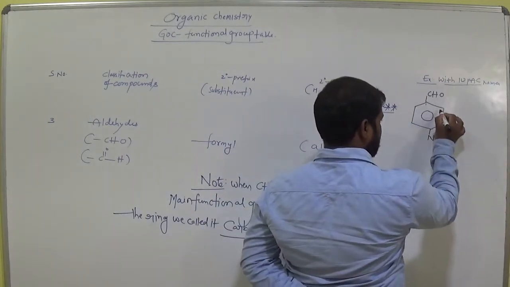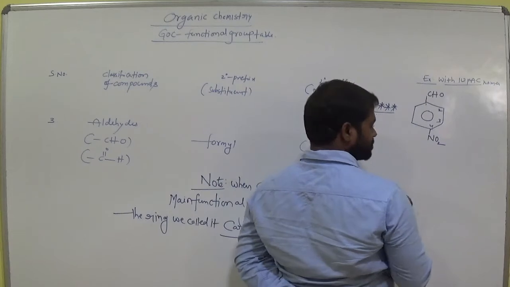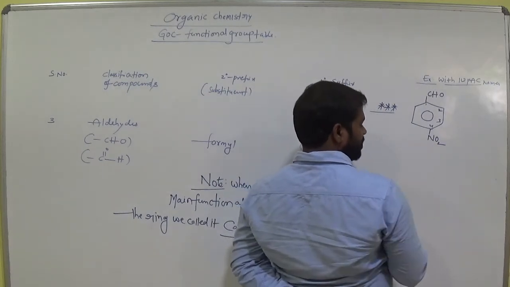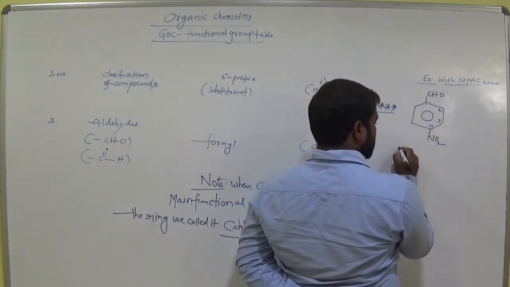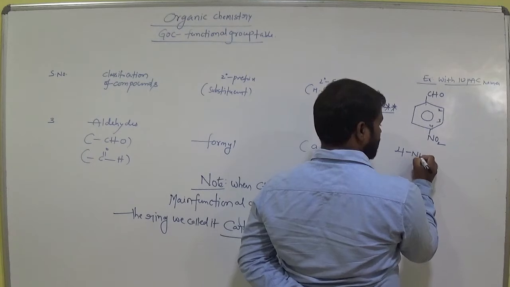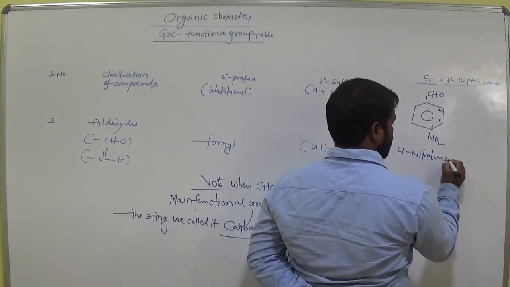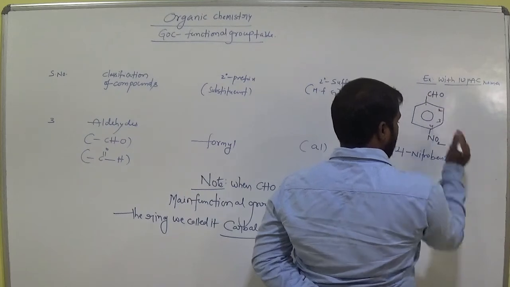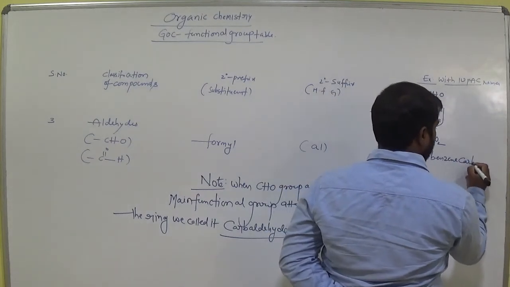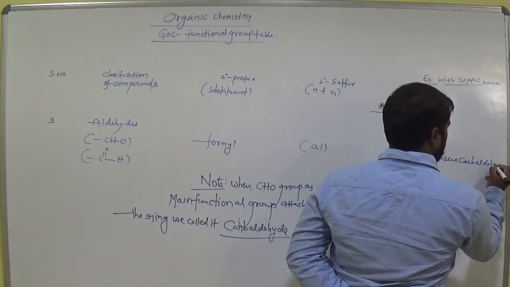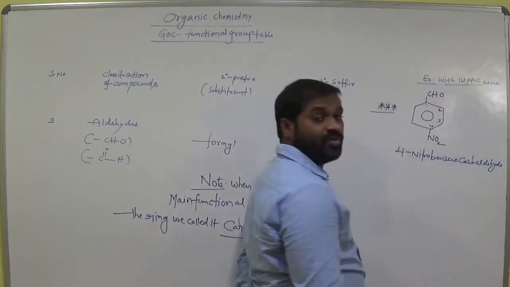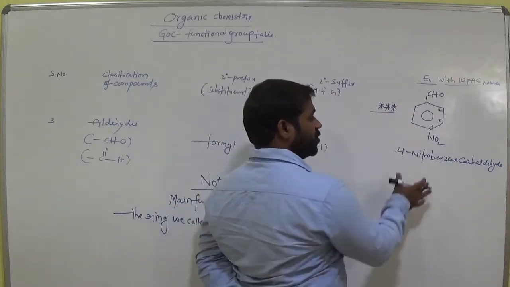The numbering is done. At which position is the nitro group? At the fourth position, so 4-nitro. This is benzene, 4-nitrobenzene carbaldehyde is the IUPAC name.